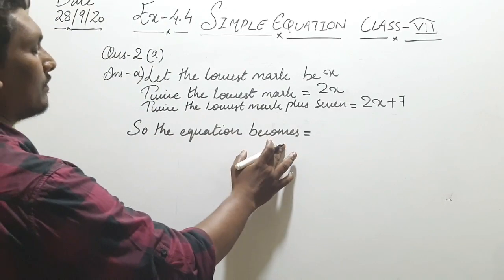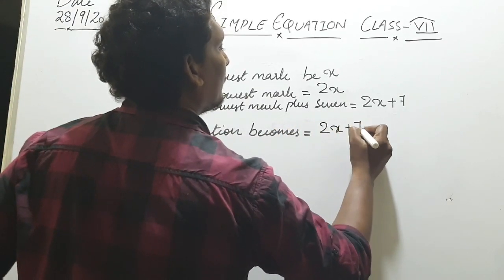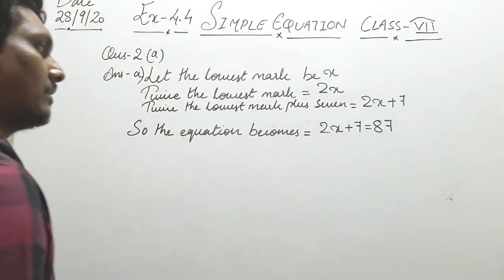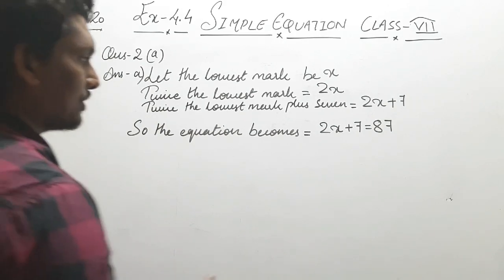So the equation will become like this: 2x plus 7, the score is 87, right? Now we are going to solve the question.